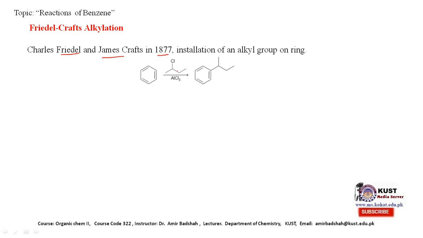Different types of reagents are used for the alkylation. They may be alkyl halides, alkenes, or alcohols, but the most commonly used reagent is the alkyl halide, which reacts with benzene in the presence of a Lewis acid, aluminum chloride, where hydrogen is replaced by this alkyl group, and we get alkylated benzene.